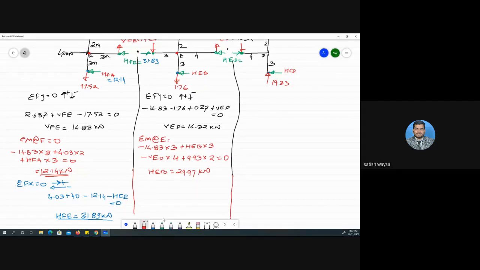Okay. Then lastly we can apply directly summation Fx is equal to 0.